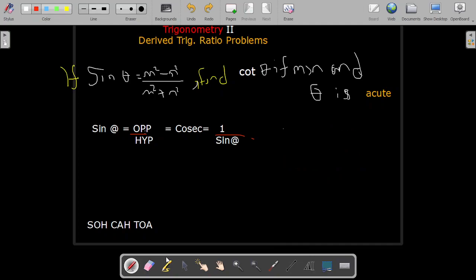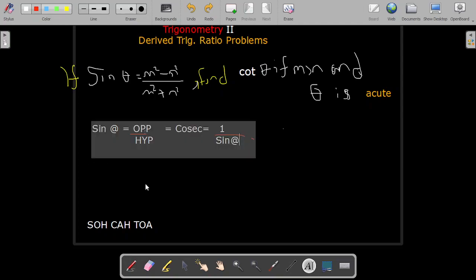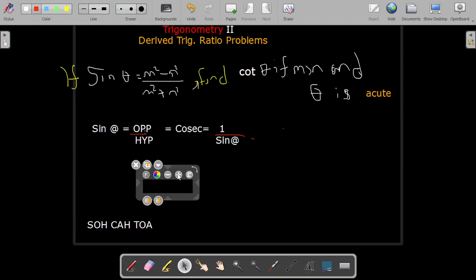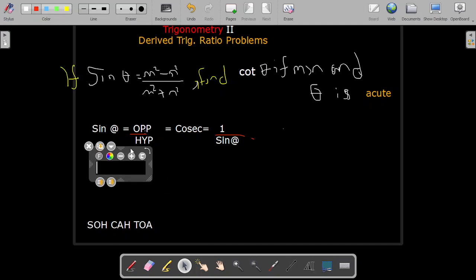Now for cos theta, it has its own reciprocal. What's the reciprocal of cos theta?